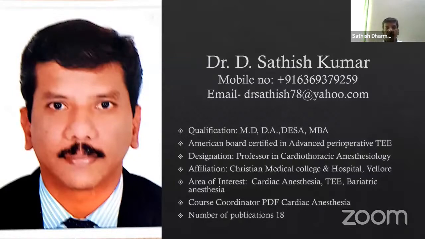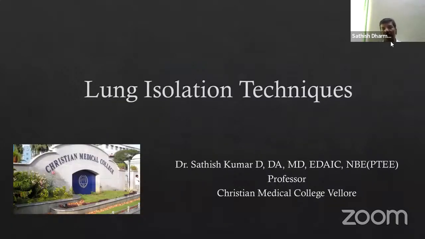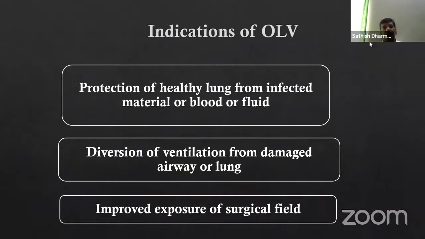Greetings from CMC. Today we are going to discuss lung isolation techniques and how we are going to isolate with various devices. What are the indications for one lung ventilation? Protection of the healthy lung from infected material, blood or fluid, such as in bronchiectasis, lung abscess or any pulmonary hemorrhage.